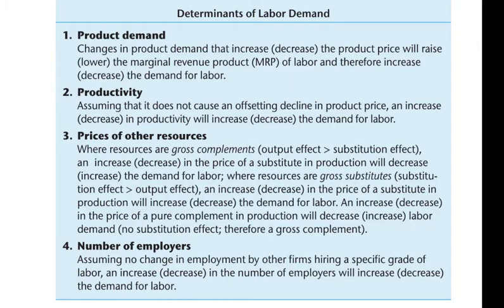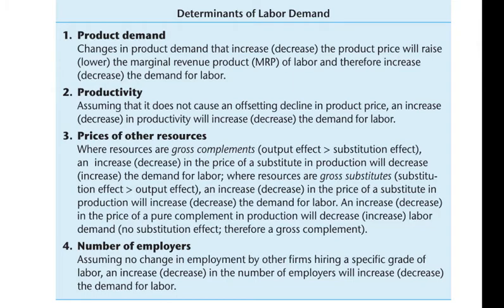That's number two. Number three, labor demand also can shift when there is a change in the price of other resources. For example, these other resources can either be gross complement or gross substitute.